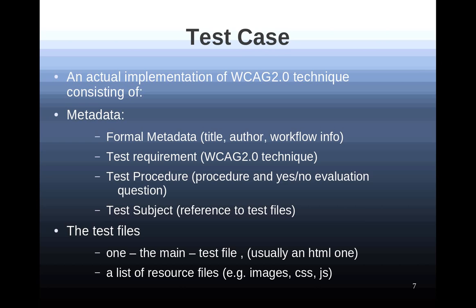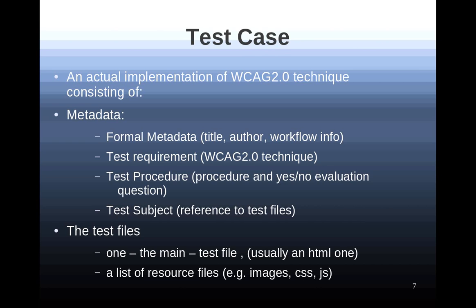An important notion in this system is the test case. A test case for this specific system in the context of this project is an actual implementation of a WAI ACT technique consisting of metadata and the test files themselves.